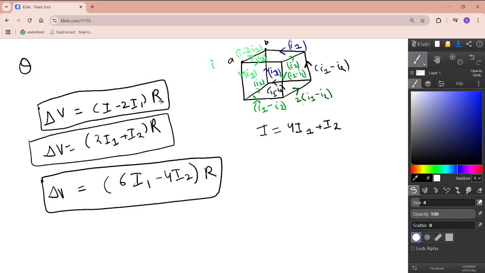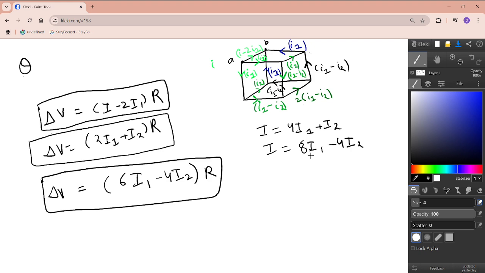The first equation and the second equation can be equated. We can say I is 4I1 plus I2 on that side, and this is equal to this equation, and the third equation is also equal to the first equation. So they must be equal to each other. It's Euclid's axiom, so we do not need to equate them now.